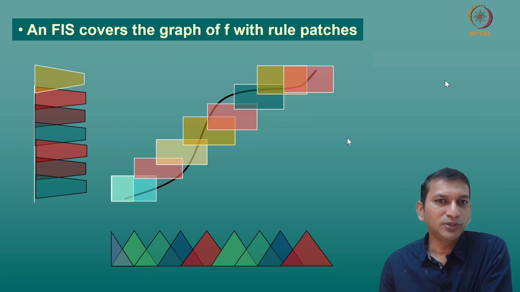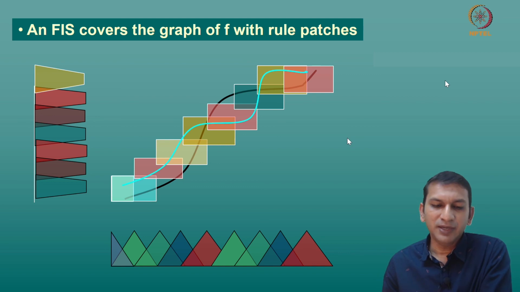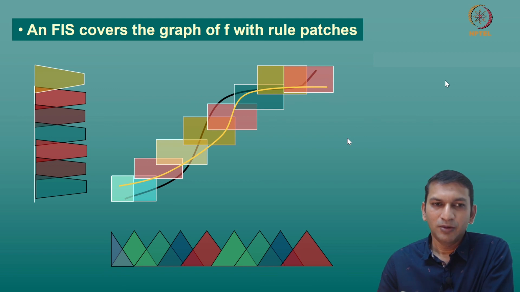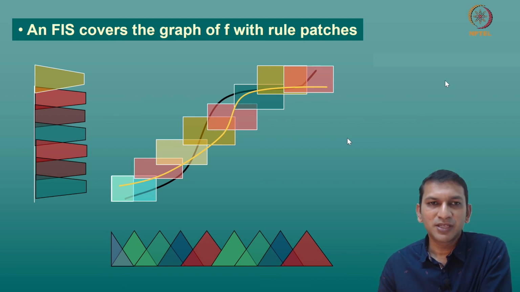But depending on the defuzzification scheme and all other operations, the similarity based reasoning inference operation that you use, what you would get actually is a function of this kind, perhaps, as you will see, it will remain within these overlapping rule patches, or you could also get a function of this type. Both of them are in some sense approximating the original ideal function that you have in your mind.